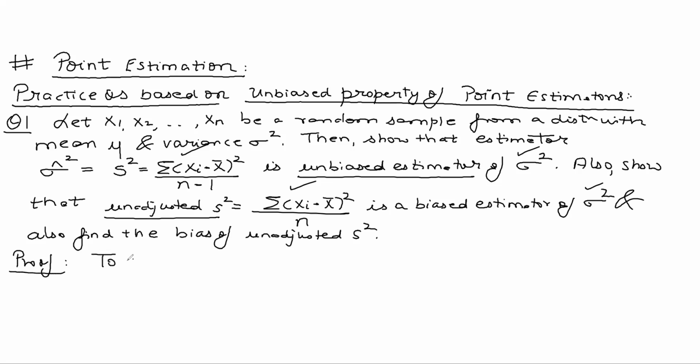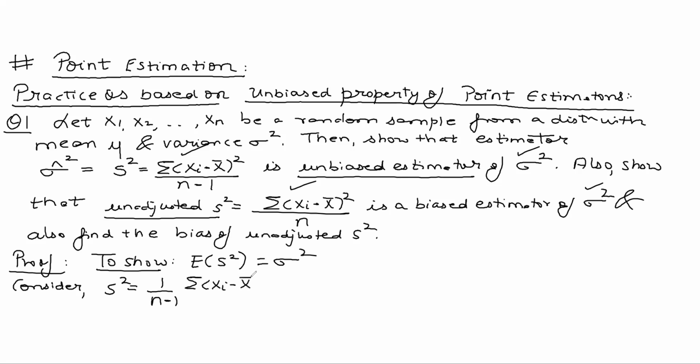So we need to show that expected value of S square is equal to sigma square. So let's start with the proof. Consider S square as 1 upon n minus 1 times summation xi minus x bar square.